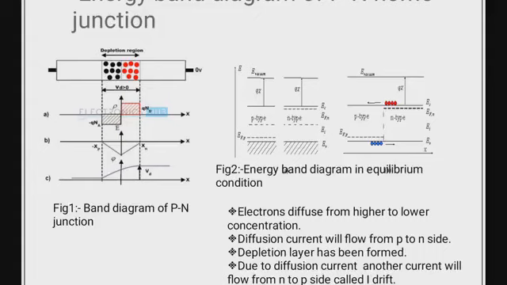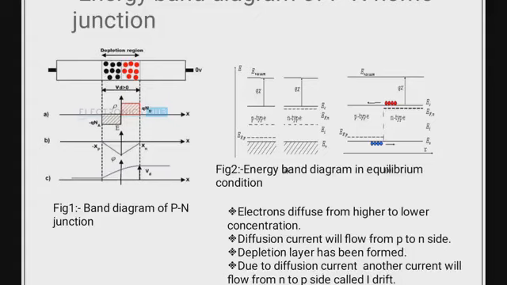Here in this diagram we have seen that this is the zero level, the zero axis, and we get some amount of charge carrier densities below the zero level, and also some amount of charge carrier density above the zero level.